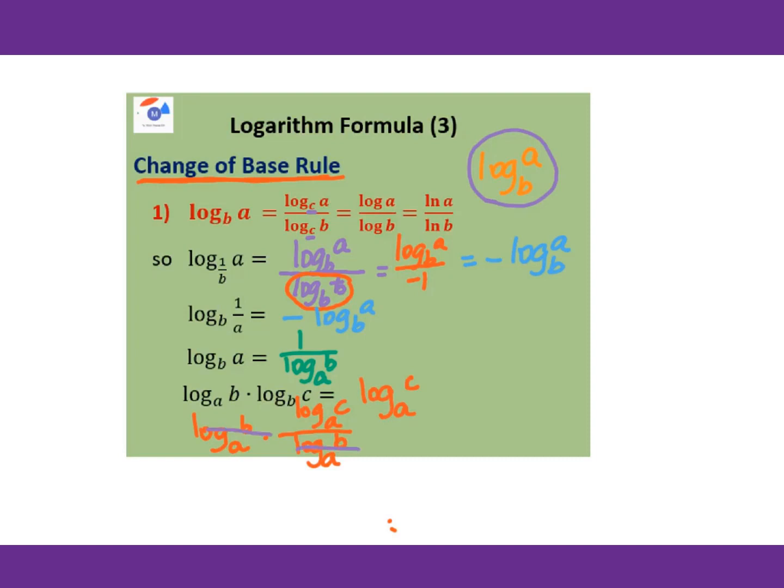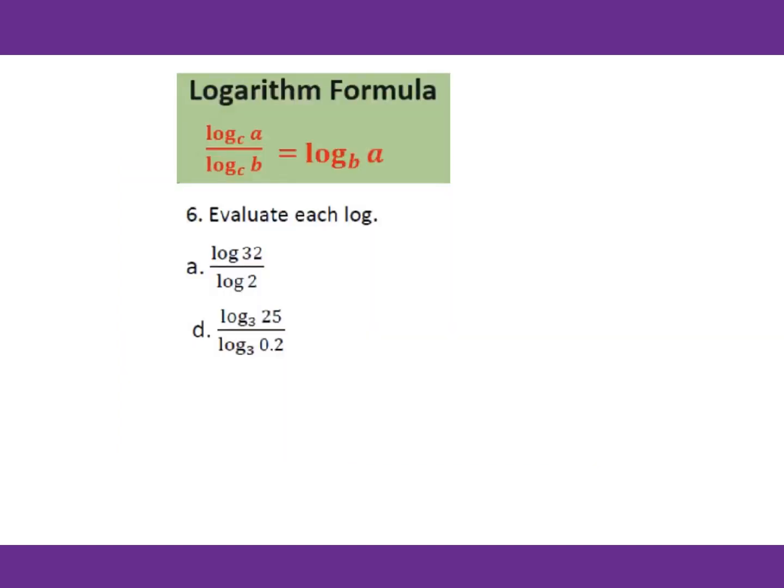So you reduce, get the log base a of c. The backwards of change of base formula, when division of log, you will get the log base b of a.